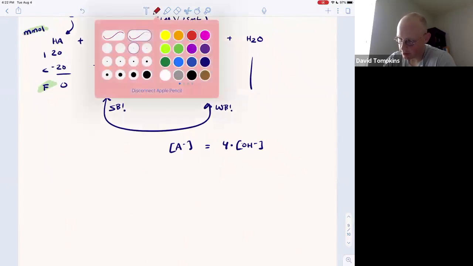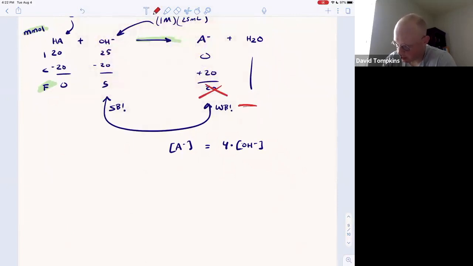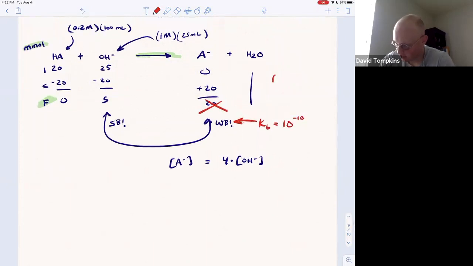However, it does not matter because this weak base has a Kb value that we calculated in the last video of 10 to the negative 10, right? Because the pKa was 4, the pKb was 10, and the Kb was the antilog of that, 10 to the negative 10. That is super weak, right?